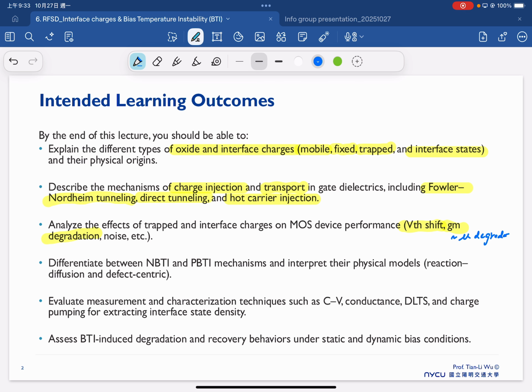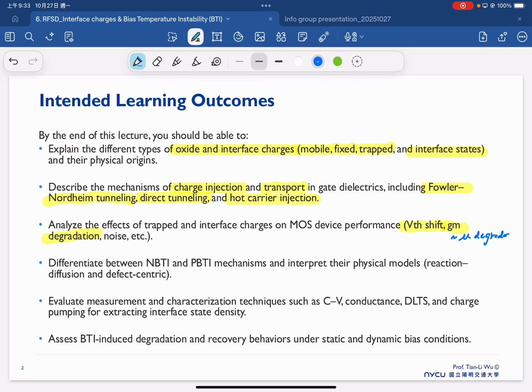BTI can be divided into two different types, depending on positive and negative bias. With a positive gate bias, we call it PBTI. With a negative gate bias, we call it NBTI. So we will talk about the typical mechanism and the possible physical origins.